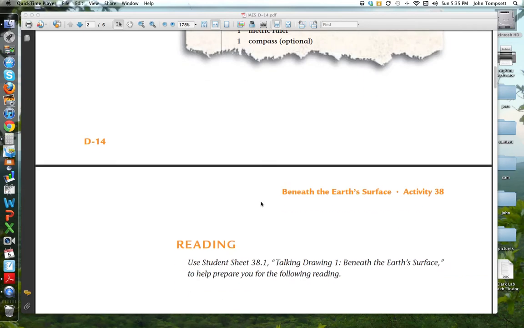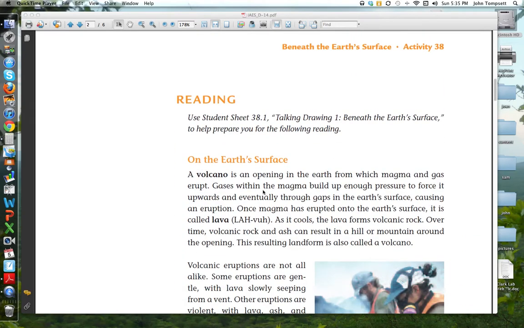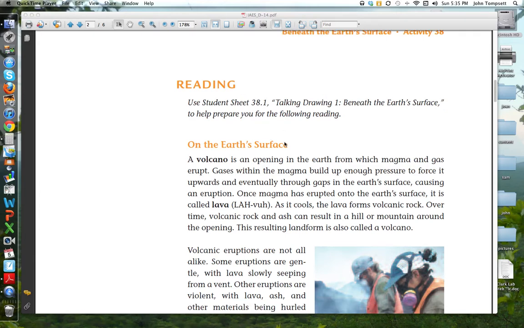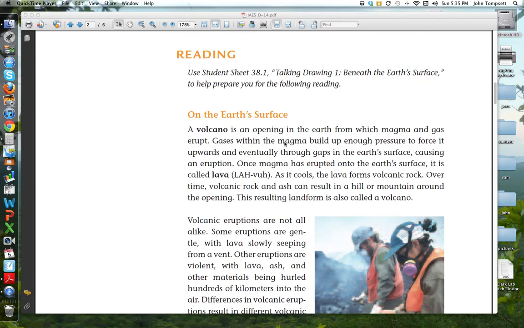Now I'm moving to page D13. It says on the top here to use student sheet 38.1, Talking, Drawing 1, Beneath the Earth's Surface, to help prepare you for the following reading. On the Earth's surface, a volcano is an opening in the Earth from which magma and gas erupt.